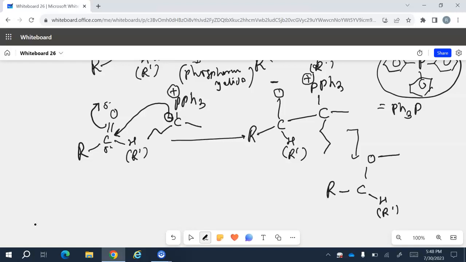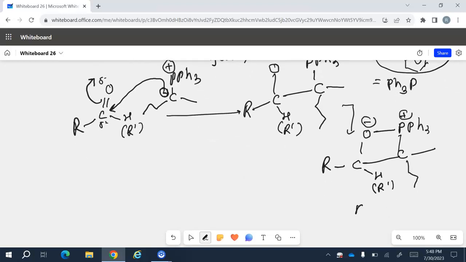O minus will then bond with PPh3. This is your plus and this is minus. It has carbon as it is, and you have a propyl group. So this is bonded there. This intermediate structure that is formed is called betaine.